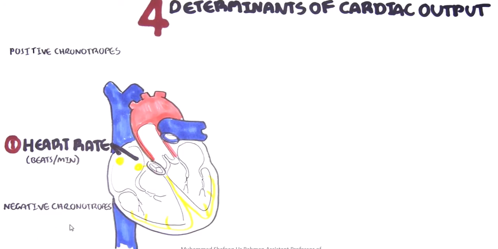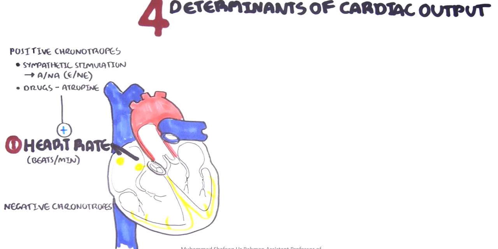The examples of the positive chronotropics are your sympathetic stimulation, adrenaline, noradrenaline release, epinephrine and norepinephrine release. Some drugs can also increase your heart rate, that is atropine.